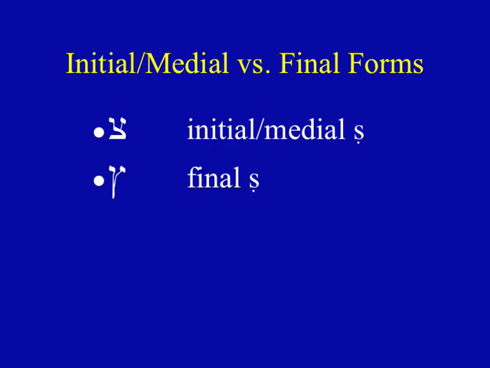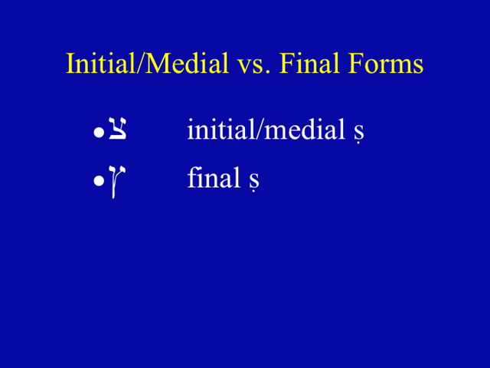Tsade is another one of the forms that has a different final form. And you can see, again, it drops below the line instead of curving to stay on the line. Imagine if you looked at that initial medial form and took your finger and grabbed the end of the character and just pulled it down, which is going to stretch the character out of shape.